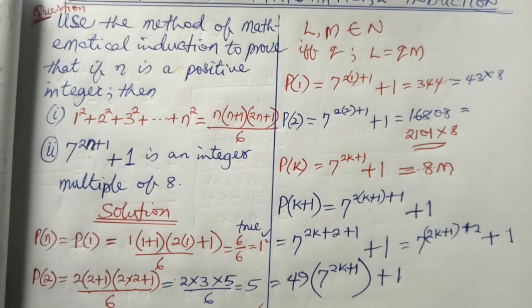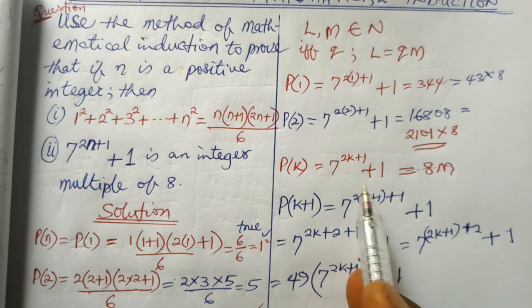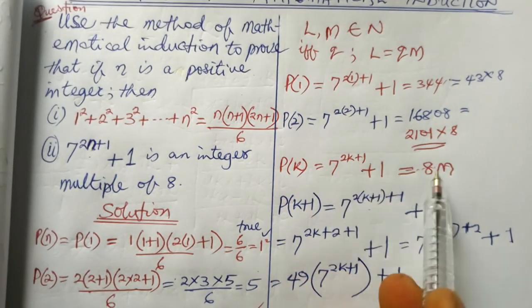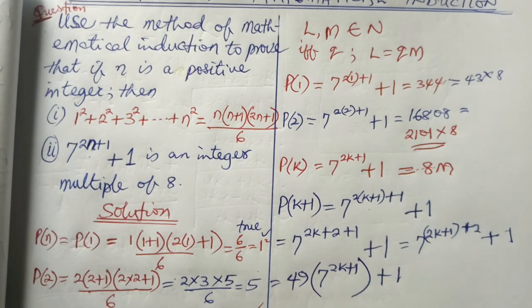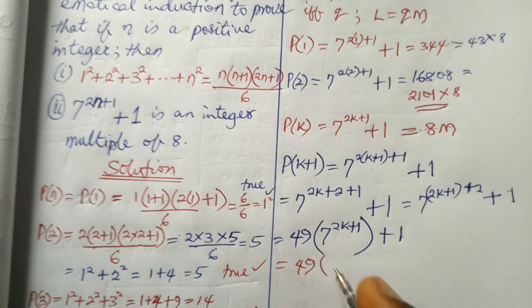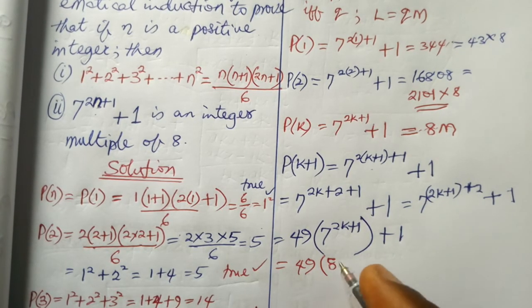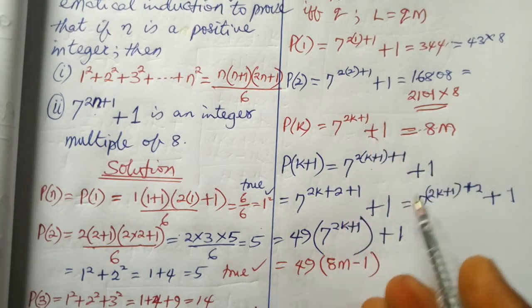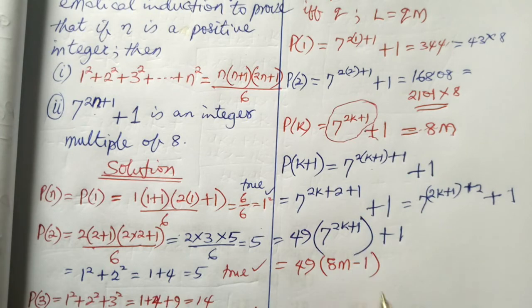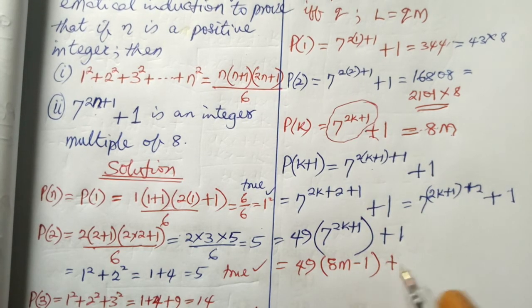From here you can see that this 7 raised to power 2k plus 1 is just 8m minus 1. So we can put it there: 8m minus 1 will give you that plus 1.